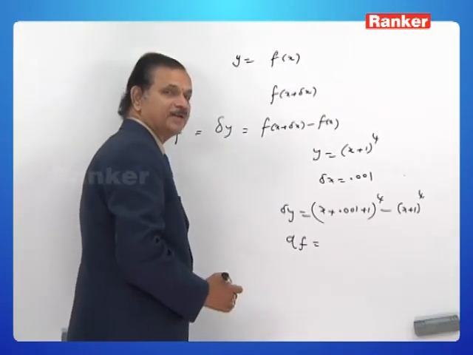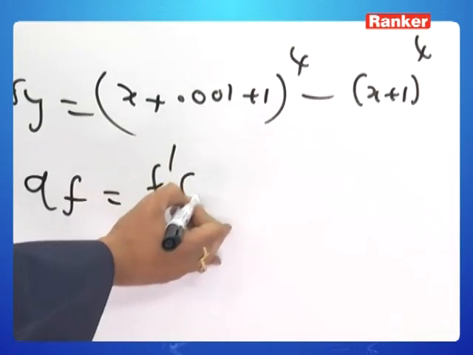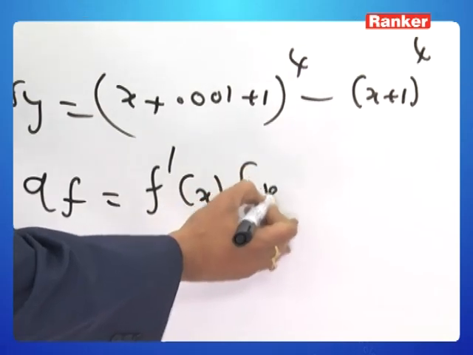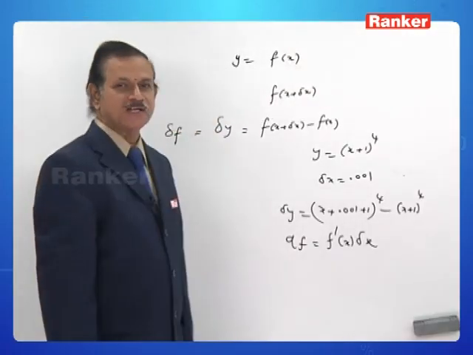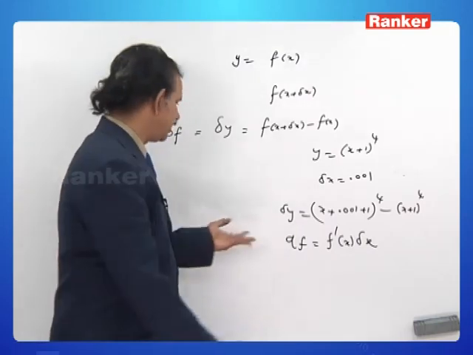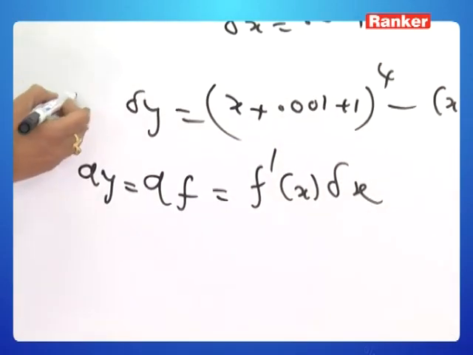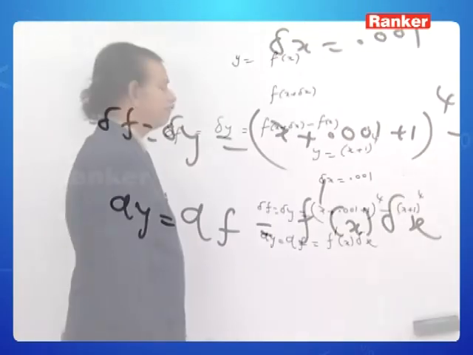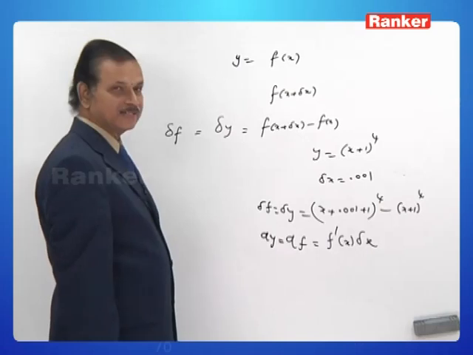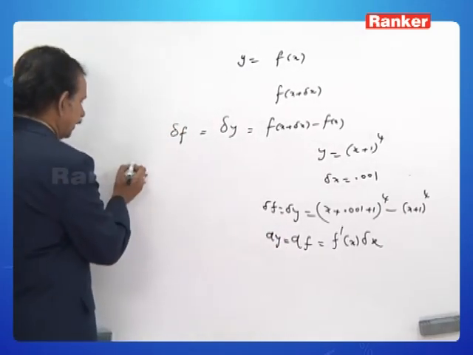This df is denoted by f dash x into delta x. What is delta y? Exact change. What is df? This is delta f, f dash x into delta x. But you see, these two are almost approximately equal.